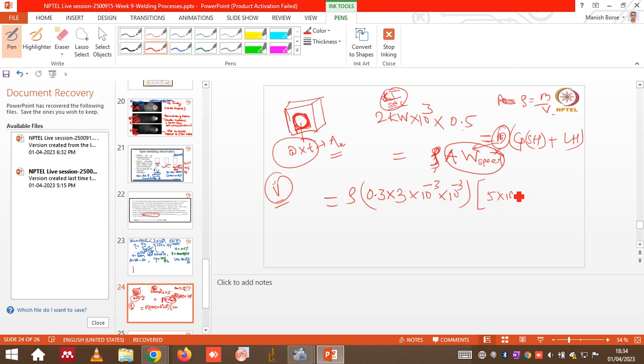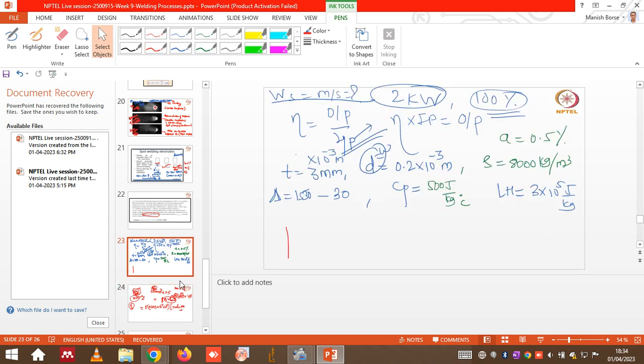Okay, and Cp delta T is your sensible heat, right? Delta T is nothing but 1500, the difference between the surrounding and melting temperature of that alloy, plus the latent heat they gave as 3 into 10 raised to 5. The density is 8000.